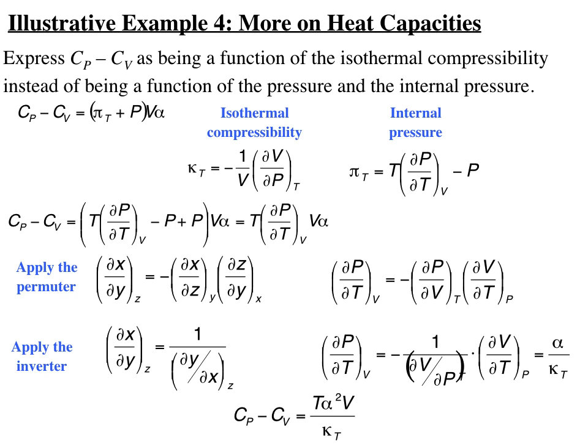And for the ideal gas, you should recognize that you can substitute that alpha is equal to 1 over T, so alpha squared is 1 over T squared, and that kappa T is 1 over P. So the right-hand side of that for the ideal gas again simplifies down to PV over T, which is equal to NR. So this expression simplifies down to the ideal gas expression, just like the one we saw on the previous slide.